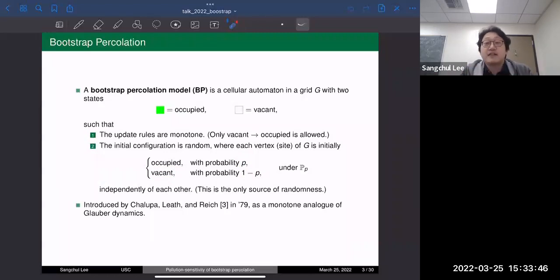So it is a random initial configuration plus deterministic dynamics. This was first introduced by Chalupa, Leath, and Reich, I think they're physicists, in 1979, as a means of studying Glauber dynamics. It is kind of the monotone version of Glauber dynamics.